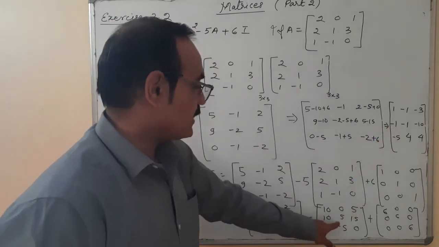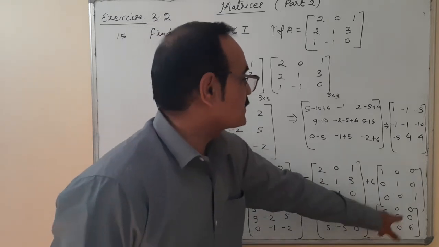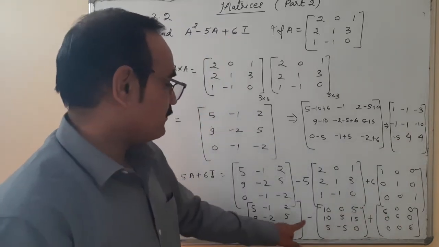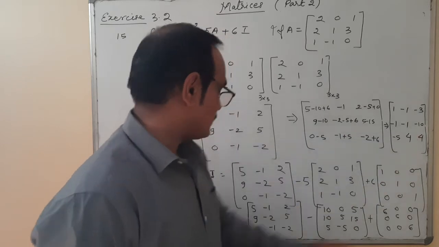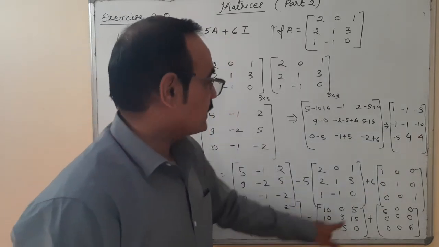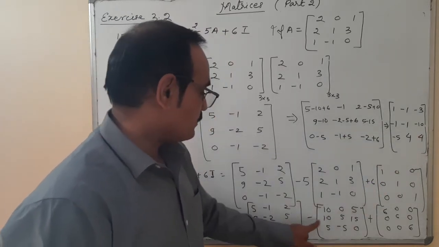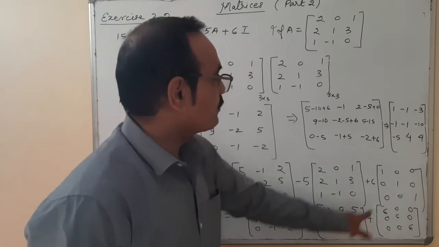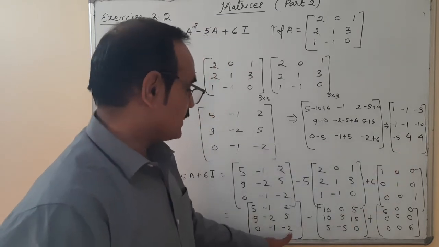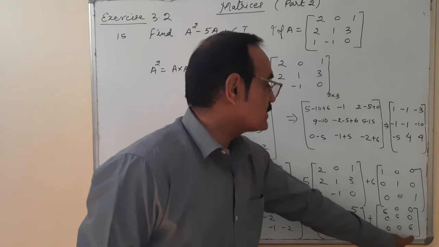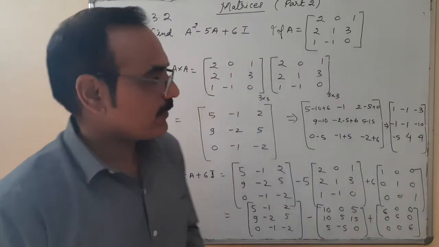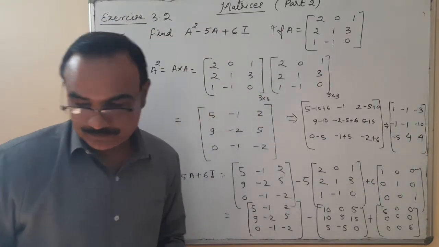Minus 2 minus 5 minus 7 plus 6, minus 1. 5 minus 15, minus 10. Third is minus 5 minus 1 plus 5, 4, and last minus 2 plus 6, that is 4. Okay, so that is the answer.